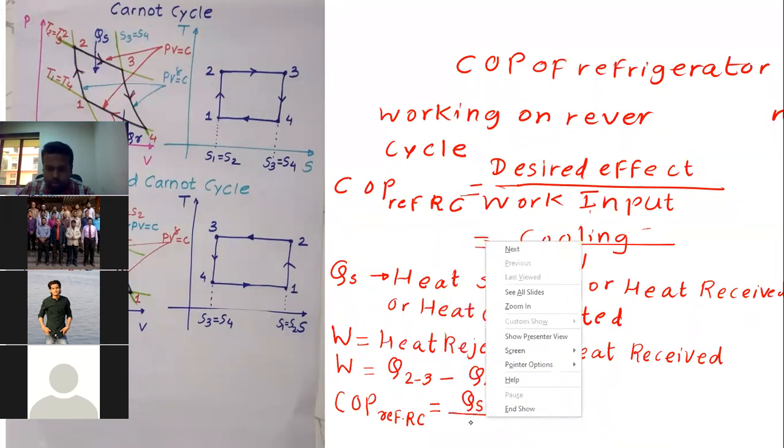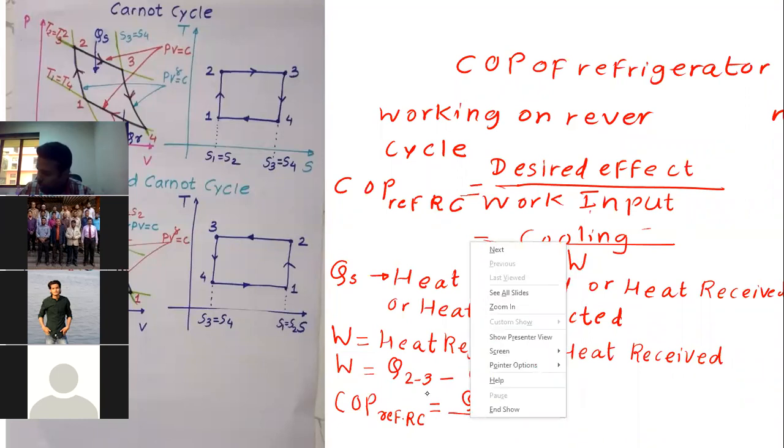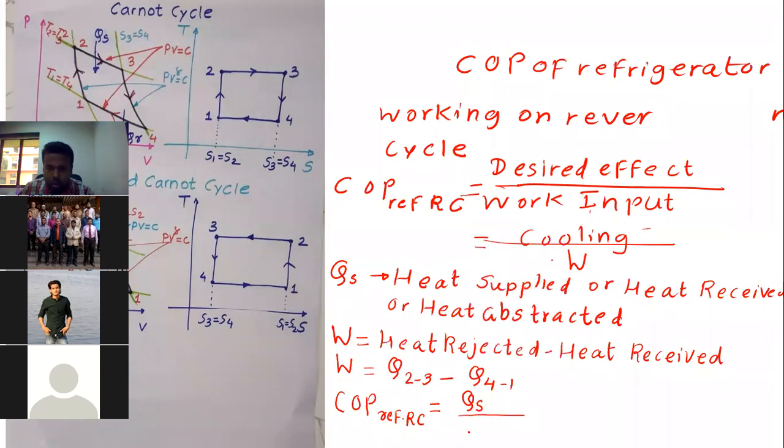See here, all of you. Divided by what is work input? I have just written that: Q1 minus Q2.